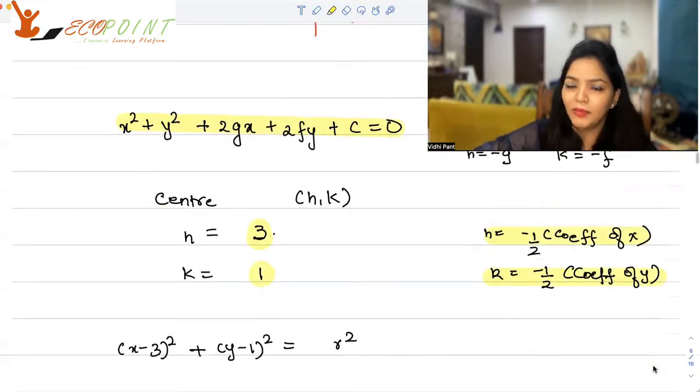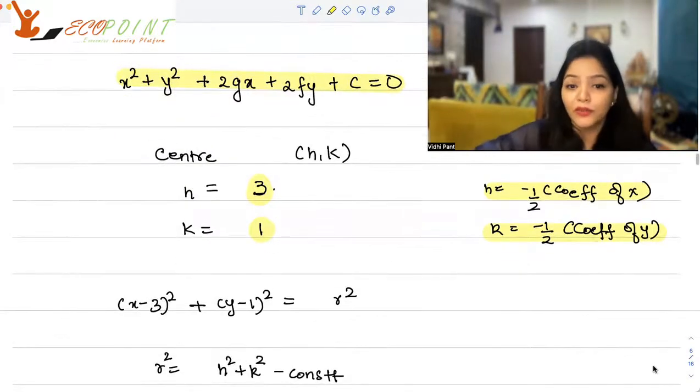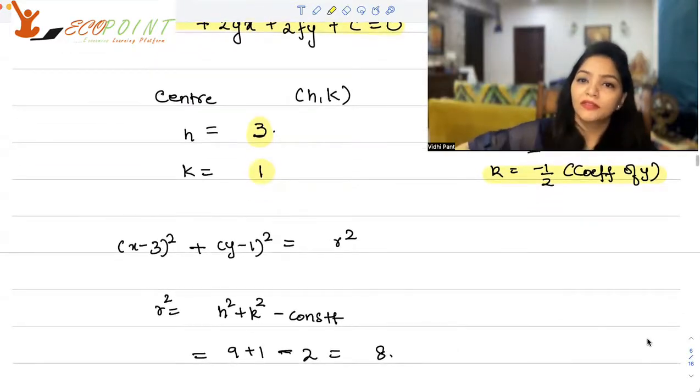Clearly the equation of the circle will look like (x - 3) squared plus (y - 1) squared equal to r squared, whatever your radius is, square of that. Radius also we know what it would be. Radius is the square root of h squared plus k squared minus the constant term. So you can easily figure out r squared. R squared turns out to be 8.